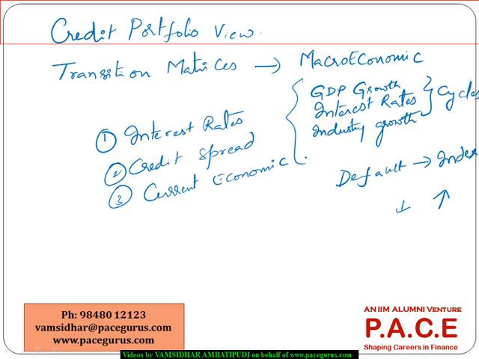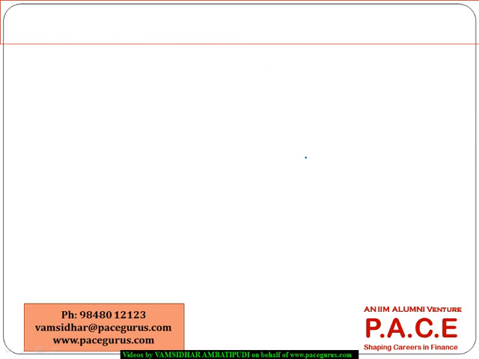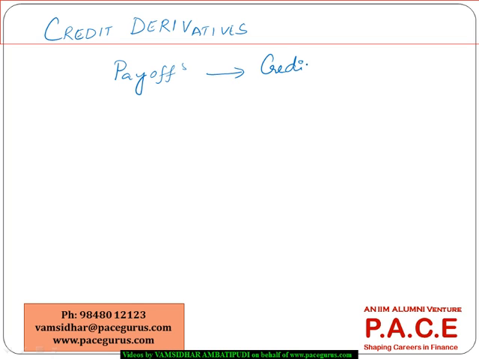So now let's spend some time understanding the credit derivatives. We have already defined earlier that a credit derivative is a derivative contract whose payoffs are based on some credit event, some credit default. The payoffs are purely based on some credit events like bankruptcy.